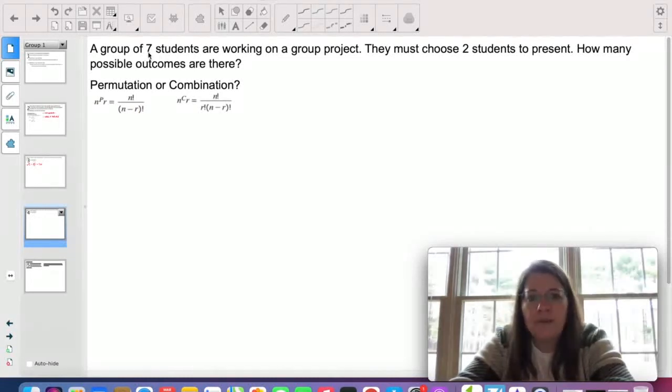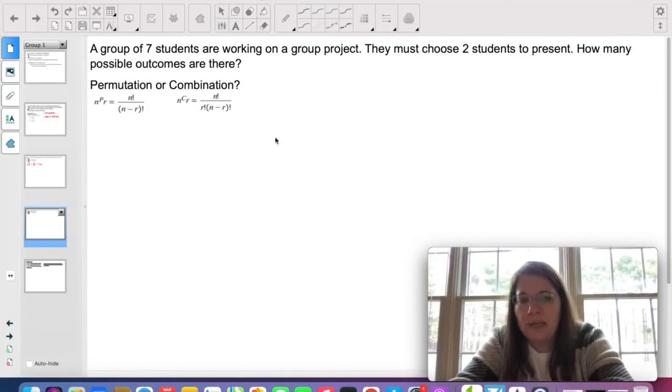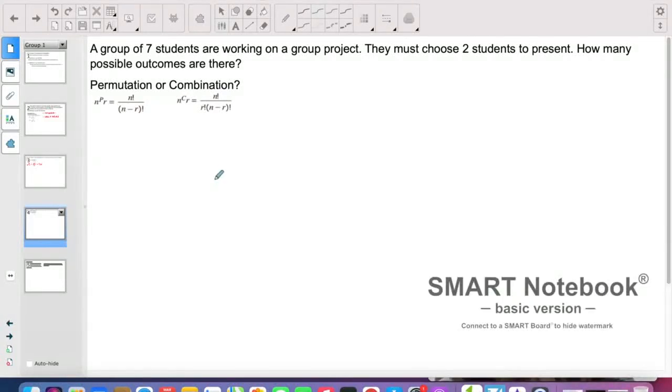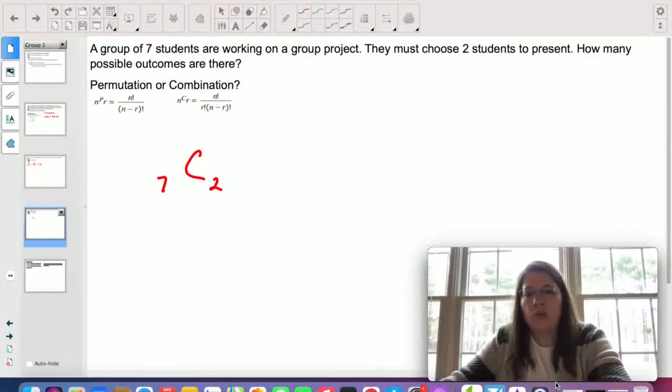We have 7 students, and we're choosing 2 students to present. Is this a combination or a permutation? I would say for this, it's a combination. Order doesn't matter. You're randomly picking 2 students to do the presentation. So this combination is 7 choosing 2.